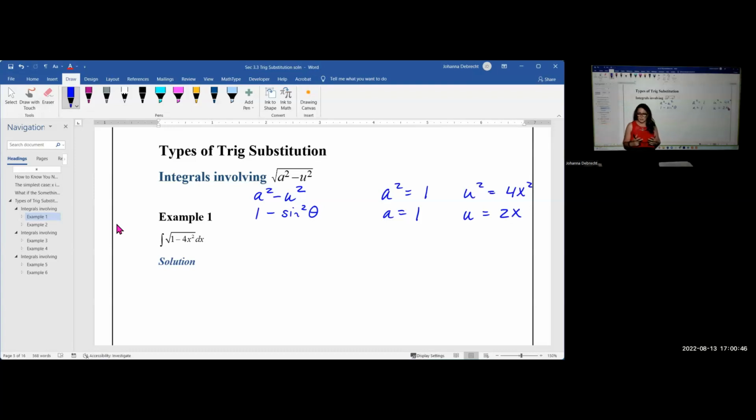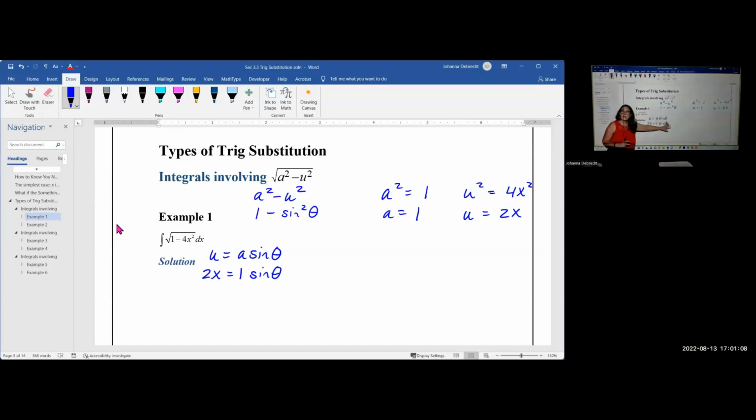Now we want to make a substitution. What was the substitution that we wanted to make? The substitution we wanted to make was u equals a sine of theta. So u is 2x, a is 1, times sine of theta. This is what we're going to use.